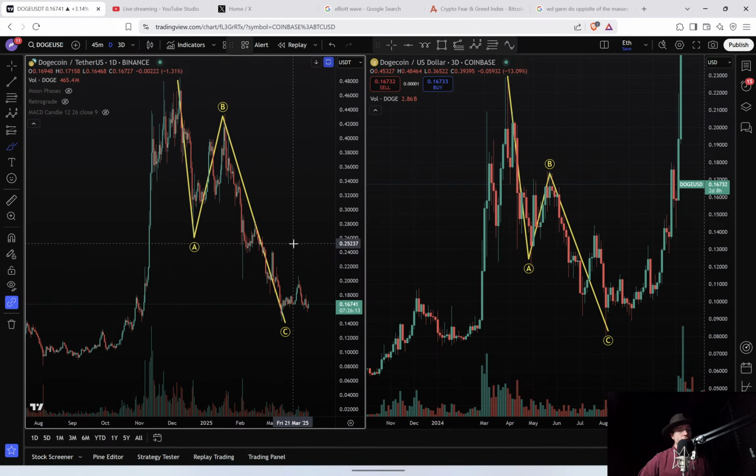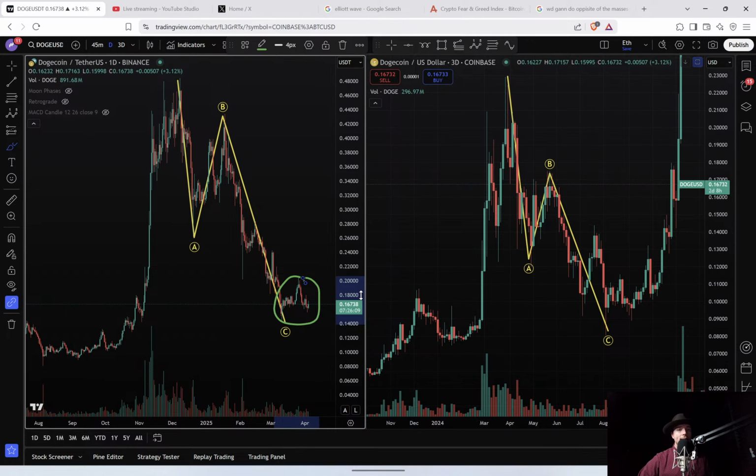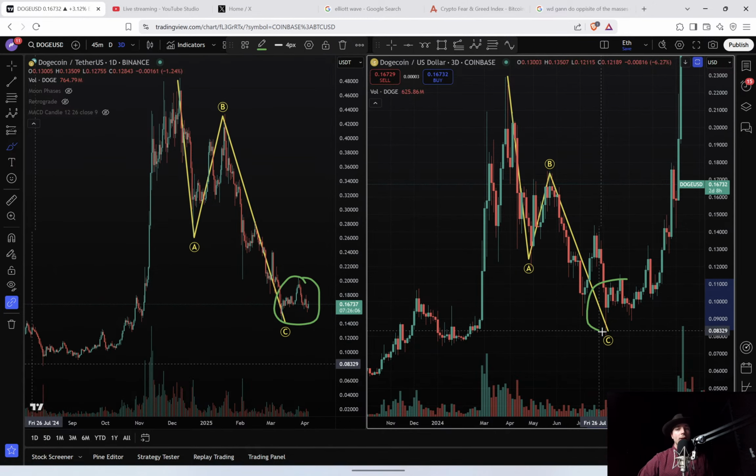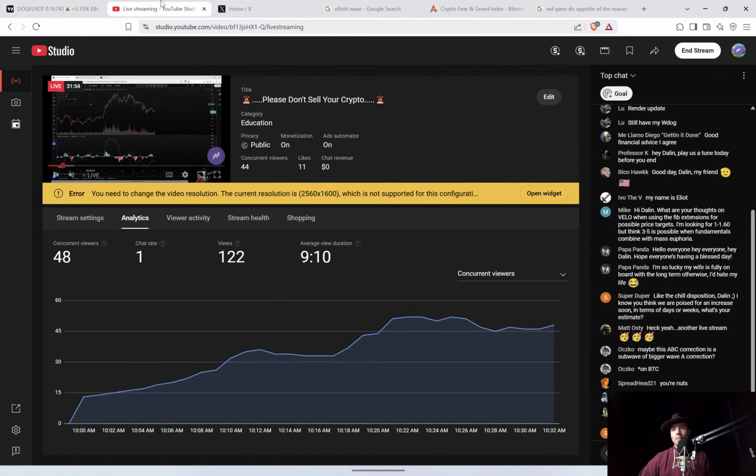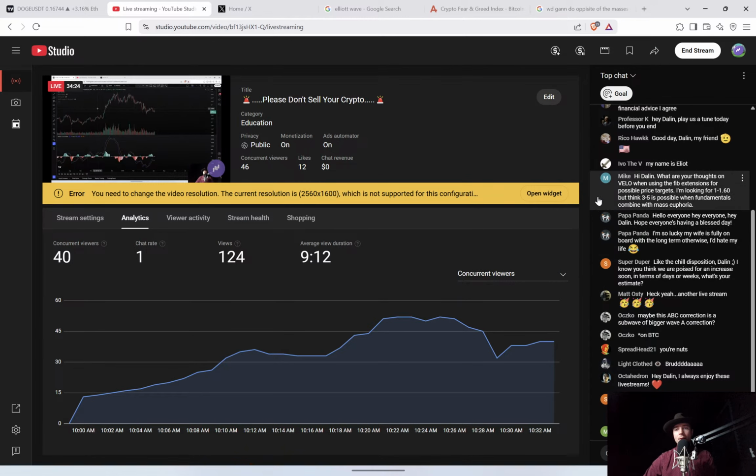It's just as good of an opportunity to buy Dogecoin down here at 16 cents as it was down here at 8 cents before it went to 42. It's the same human psychology playing out over and over and over again in the markets. Super fascinating and super profitable if you can understand it.